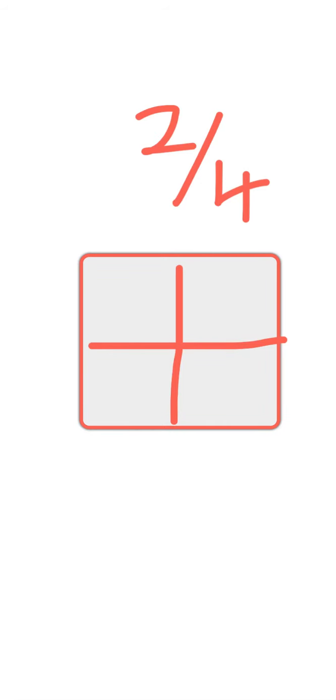I've got 2 of them. So I need to shade in how many I've got. I could shade in 2. Doesn't matter which 2 you shade in, as long as you're showing you've got 2 out of 4. Can you see I've shaded in 2 out of 4 equal parts? Again, this is the same as 1/2.